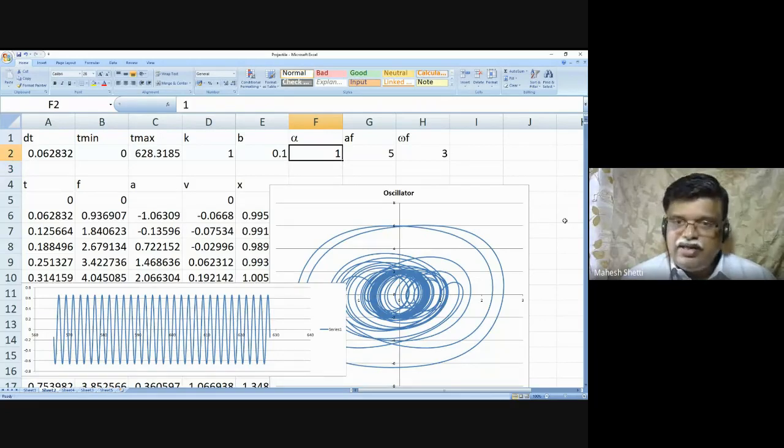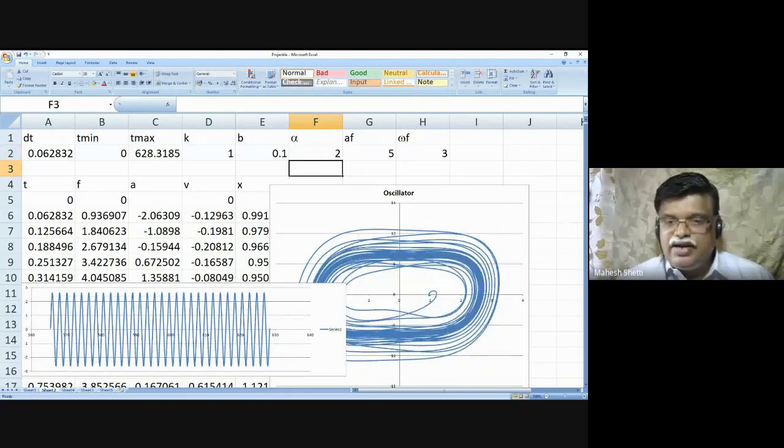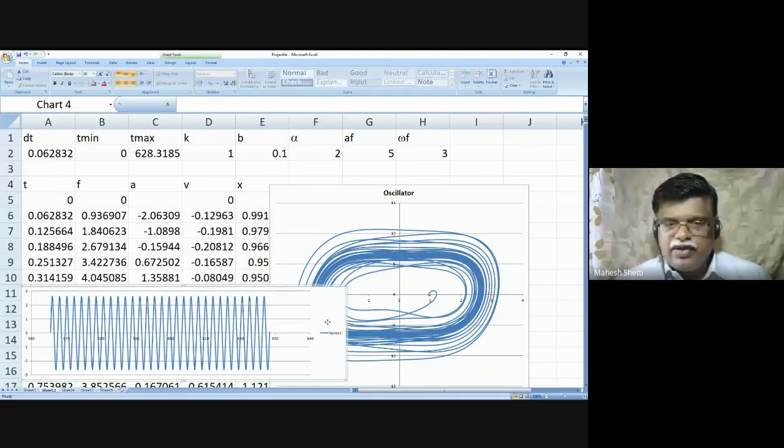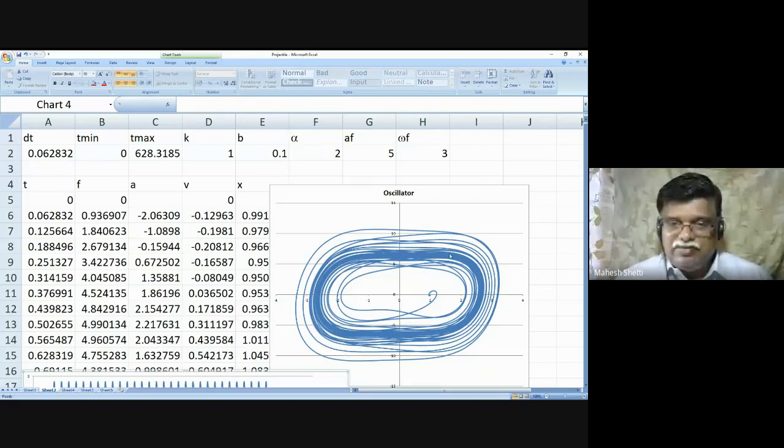Now I increase this, so make it 2, and you will start observing that now this is not a nice ellipse. There is a kink effectively getting generated somewhere over here. You see that it is not curved out, it is slightly curving in.